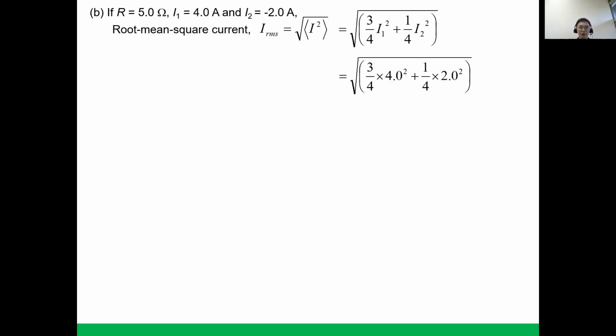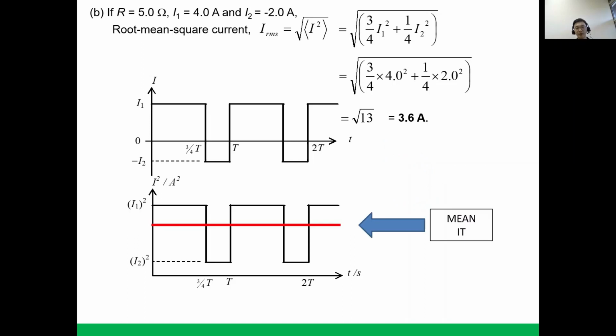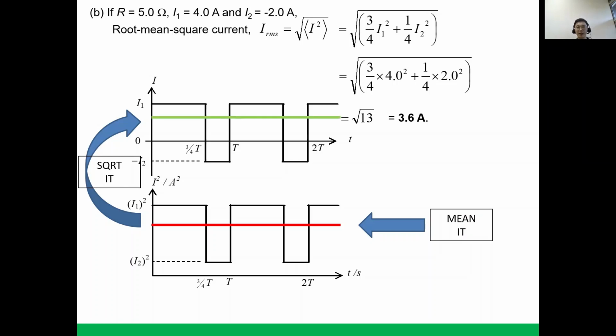So we substitute the values, we get 3 over 4 times 4 square plus 1 over 4 times 2 square, and you take the square root of the whole thing, you get 3.6 amperes. Graphically, what does it mean? If you square it, you then take the mean, and now you must square root it back, and you find that it's actually 3.6.